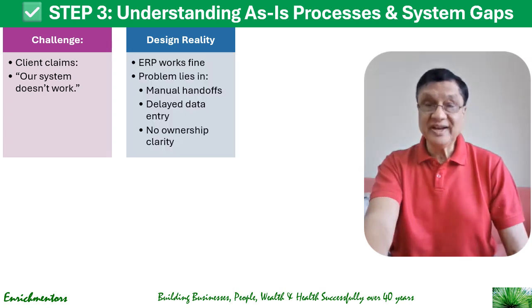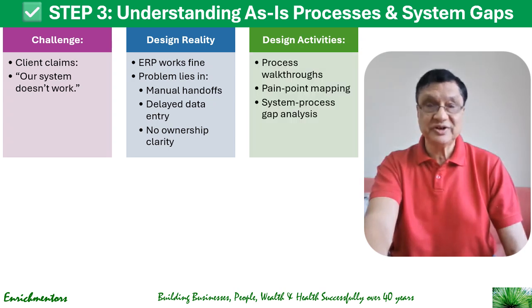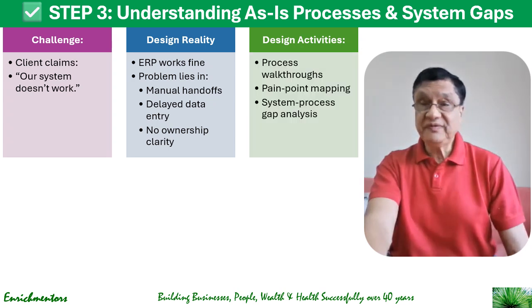She designed activities: a process walkthrough to figure out what needs to be fixed, pain point mapping, and system-process gap analysis, which is a very important part of the solution designer's work. So she figured those out.